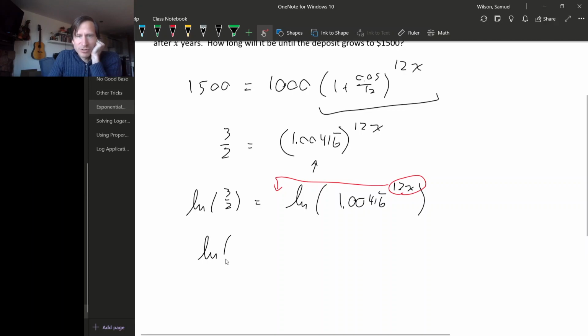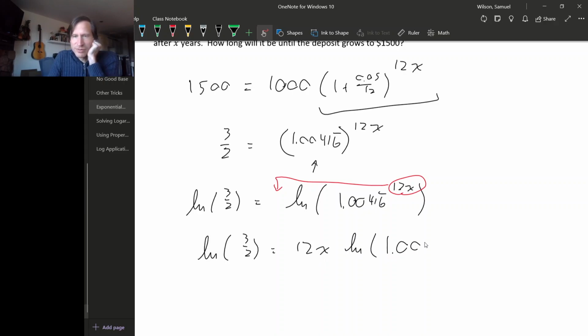So we get natural log of 3/2 equals 12x times natural log of 1.00416 repeating. And now we can finish solving for x just by dividing. So x is going to be natural log of 3/2 divided by 12 times natural log of 1.00416 repeating.